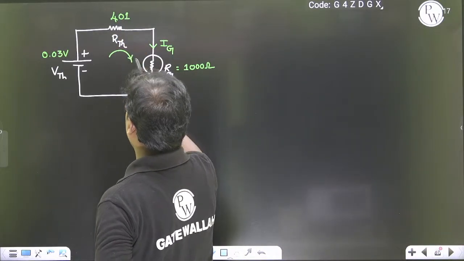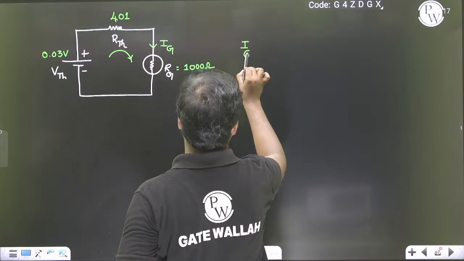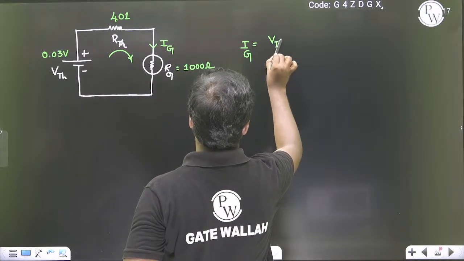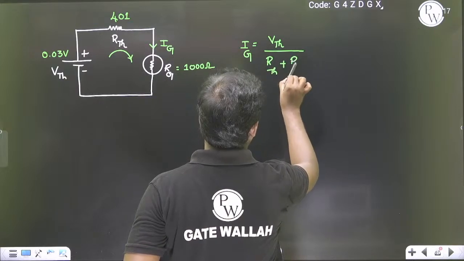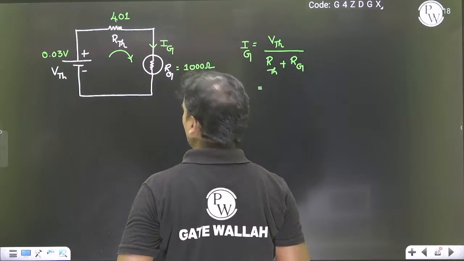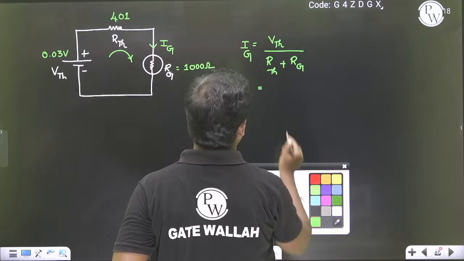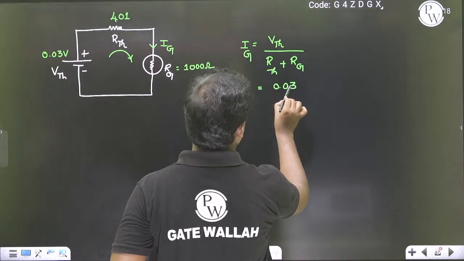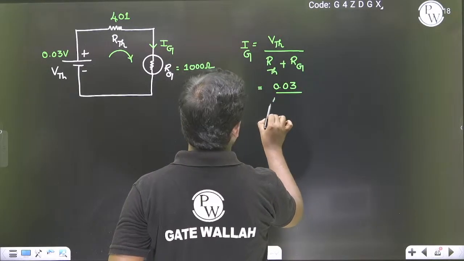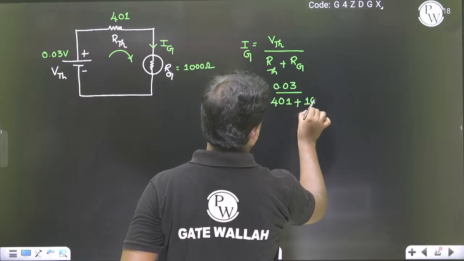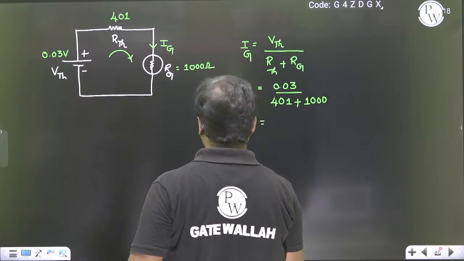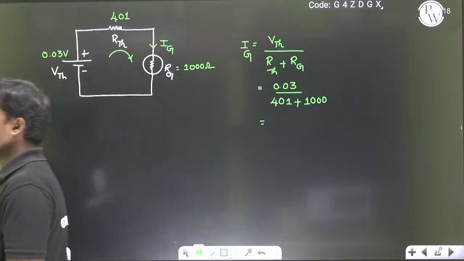So now we can calculate the I galvanometer, that is V Thevenin's divided by R Thevenin's plus R galvanometer. So V Thevenin's is nothing but 0.03 divided by R Thevenin's 401 plus R galvanometer 1000. So now what is the current we are going to get? Can you calculate and tell me?